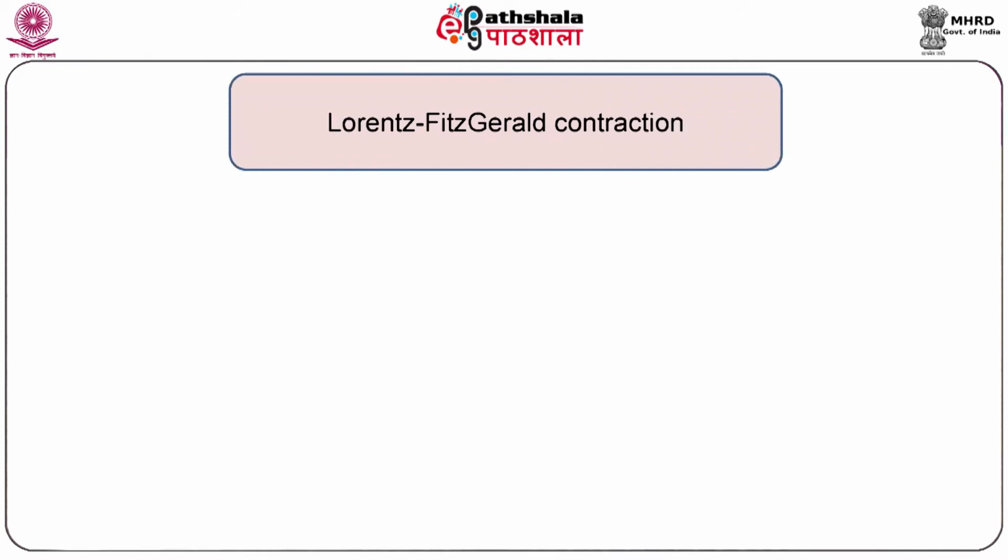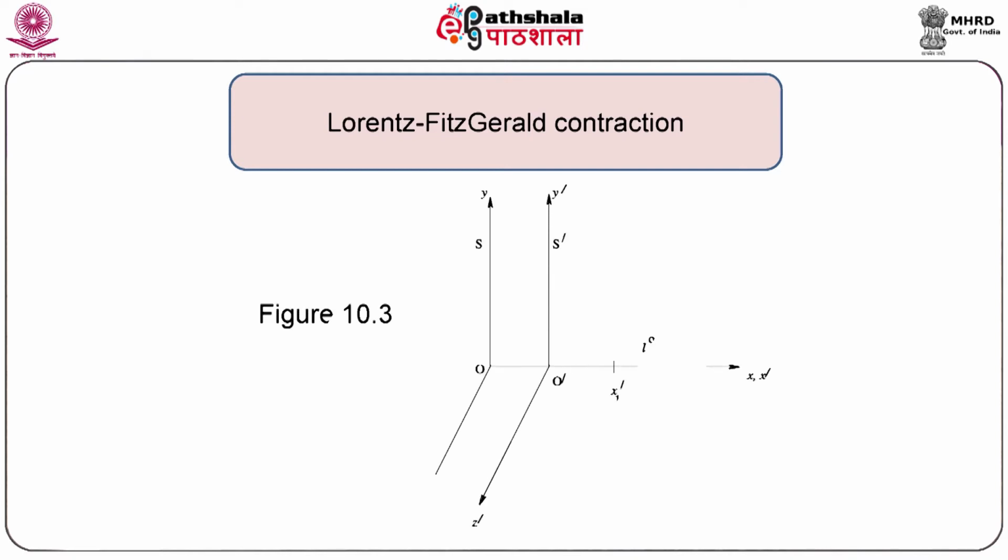First of all, let us discuss the Lorentz-Fitzgerald contraction. Consider figure 10.3. In this figure, two frames S and S dash have been shown. O is the origin of frame S, while O dash is the origin of frame S dash.